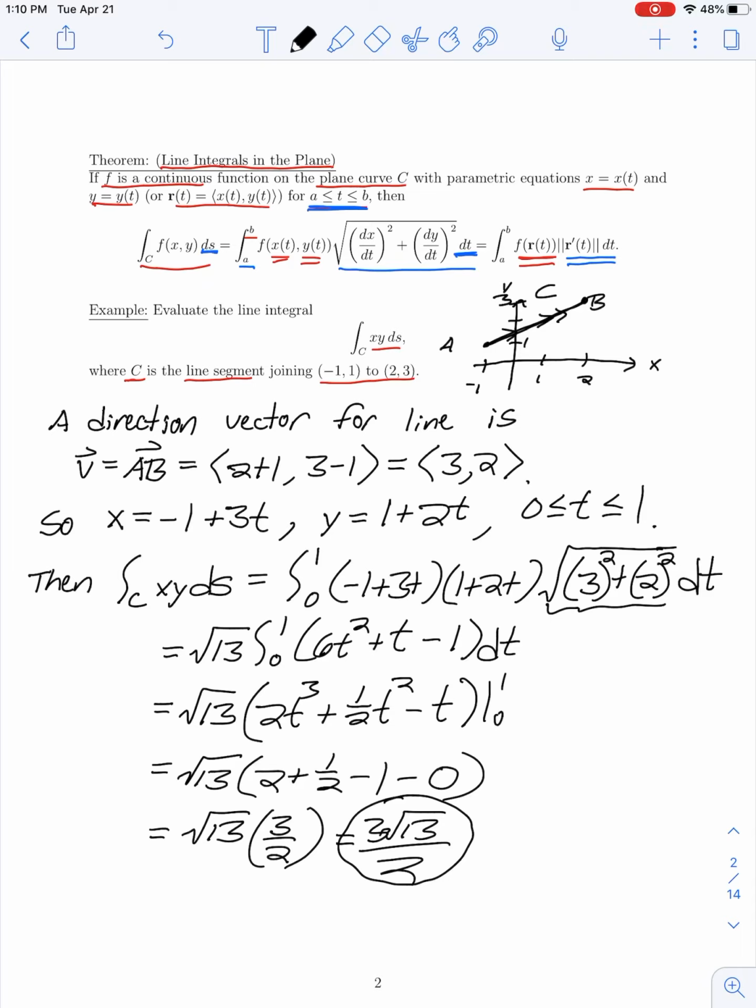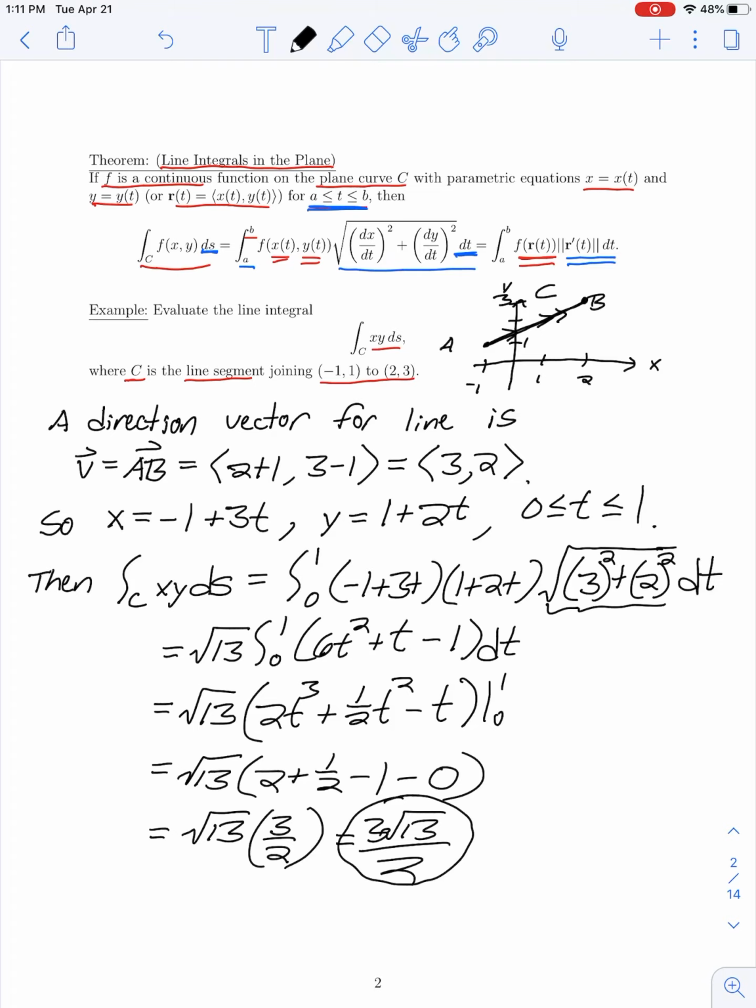Okay. So we see, making use of this theorem, as long as we can find parametric equations that describe points on our curve, then we can convert my line integral to an integral of a function in the parameter t.